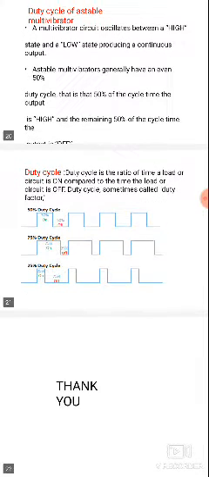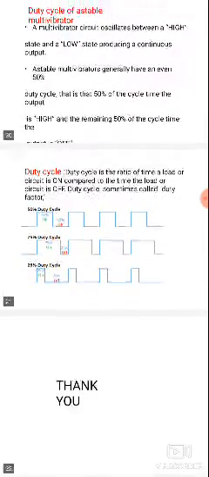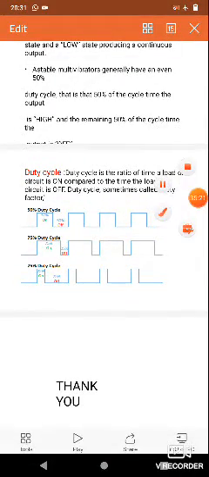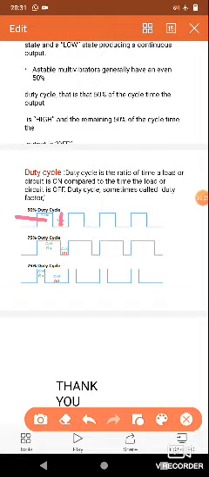Duty cycle is defined as the ratio of the time a load or circuit is on compared to the time it is off. Sometimes the duty cycle is called the duty factor. A 50% duty cycle means 50% on state and 50% off state. Similarly, 75% on and 25% off, or the opposite, 25% on and 75% off.